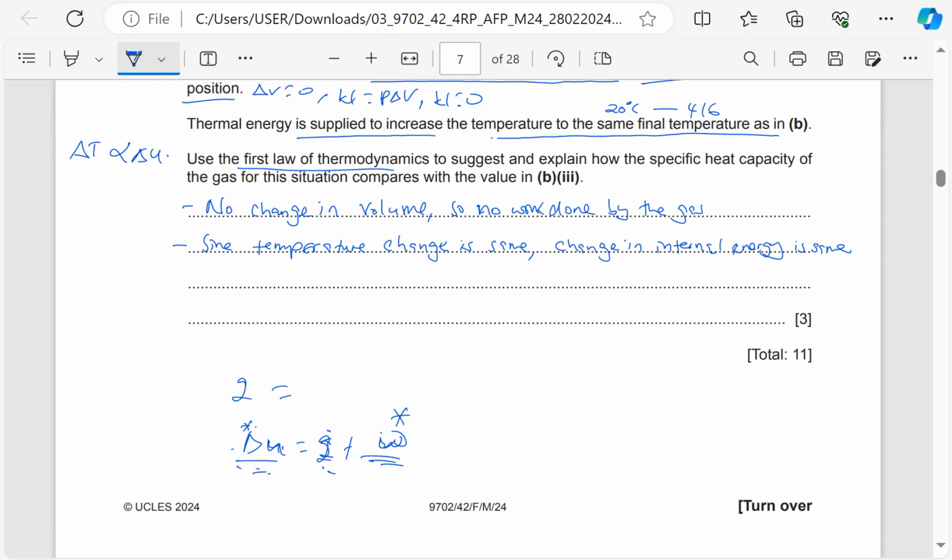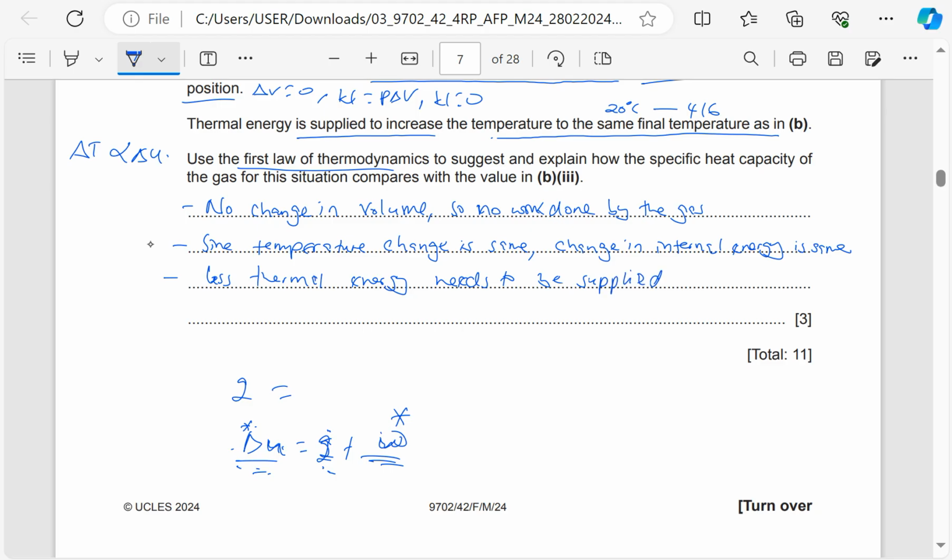So we can simply say less thermal energy needs to be supplied.